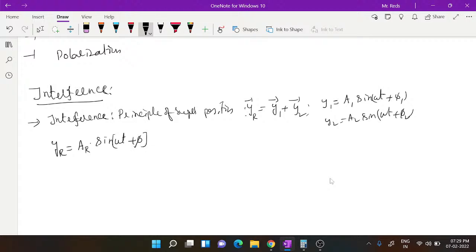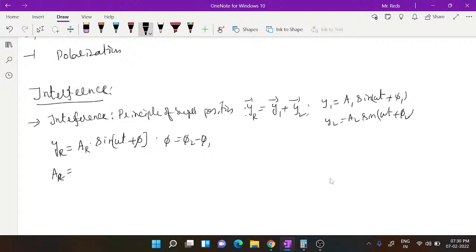This phi is nothing but the phase difference, you can say delta phi also. The phi is the phase difference, equal to phi 2 minus phi 1 of the individual waves. And AR is the resultant amplitude. You have to remember the intermediate steps while deriving: A cos phi, which is A1 plus A2 cos phi, and the other one is A sin phi, which we have taken.